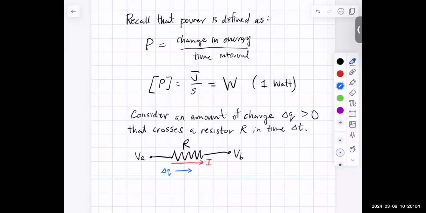Okay, so just thinking back to what we started with, we said the current will be in the direction of the electric field inside of our resistor, and electric fields point from high potential to low potential. So in this case, our little charge delta Q is going to go from high to low potential. It's going to lose energy when it crosses that resistor.